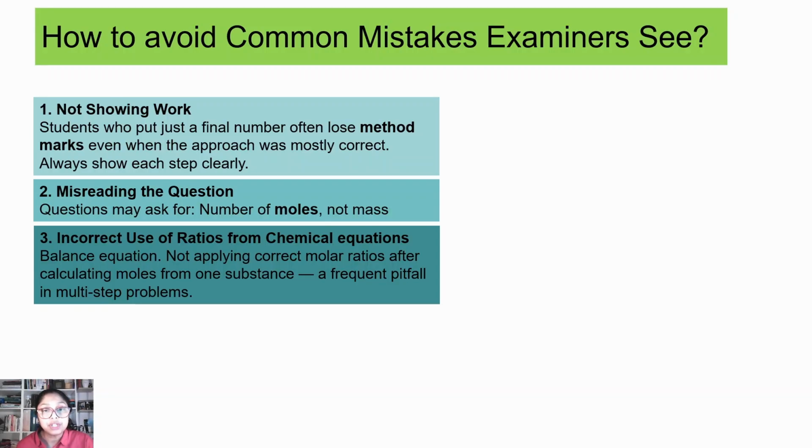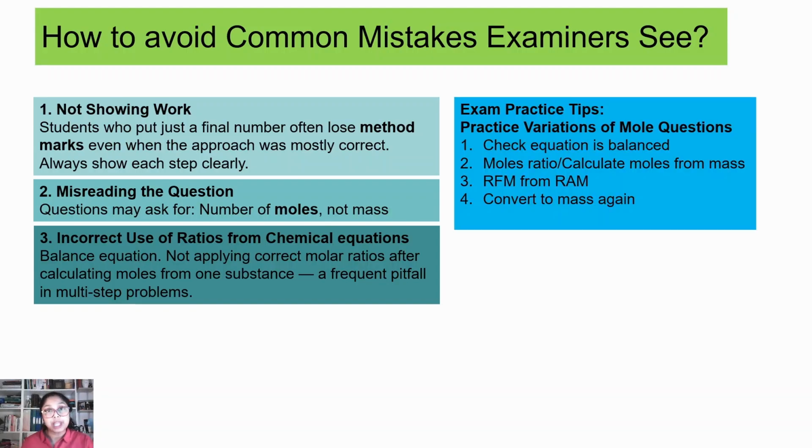So I have given you the steps for moles calculation questions. Normally we do it in 4 steps. First, check the equation is balanced or not. Otherwise, you will get the moles ratio incorrect and the rest of the calculation will not be correct.